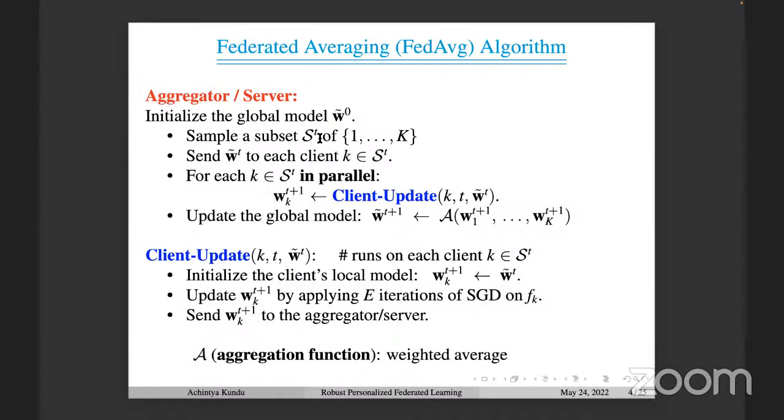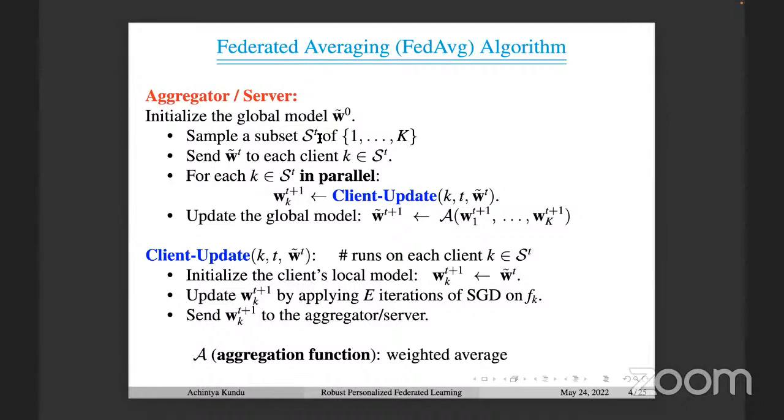Definitely, the convergence will depend on what fraction of clients actually are participating in each round, and that will be one aspect of it. And the second aspect, which we have not explored till now, is that we are not making any statistical assumptions on the F_k's. Let's say the F_k's are very similar, the data distributions are very similar. In that case, convergence will definitely be faster, even if only a few clients are participating.